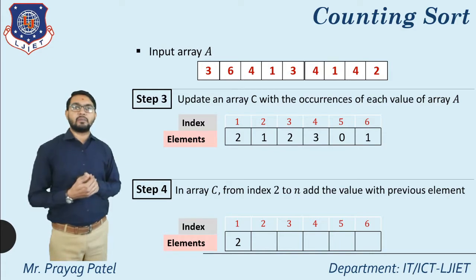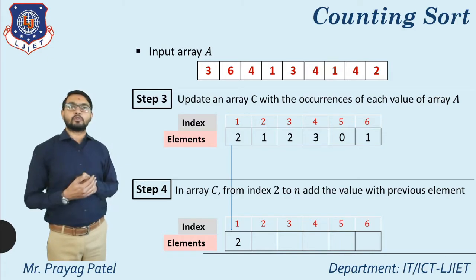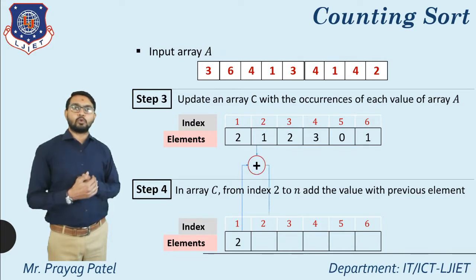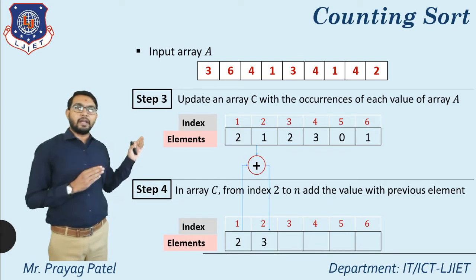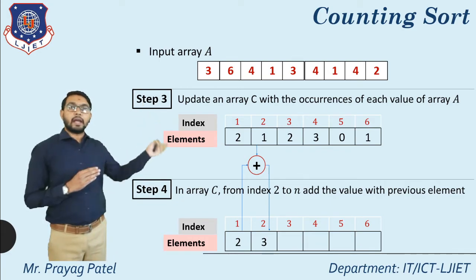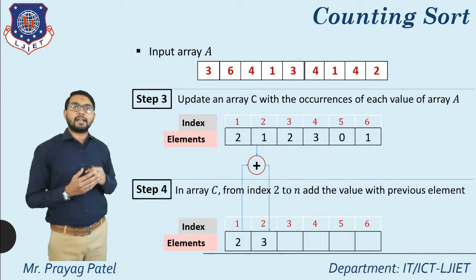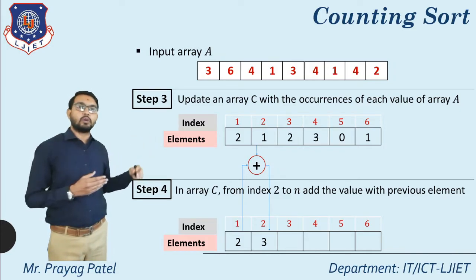For index number 2, the current value is 1 and the previous value is 2, so 2 plus 1 equals 3.